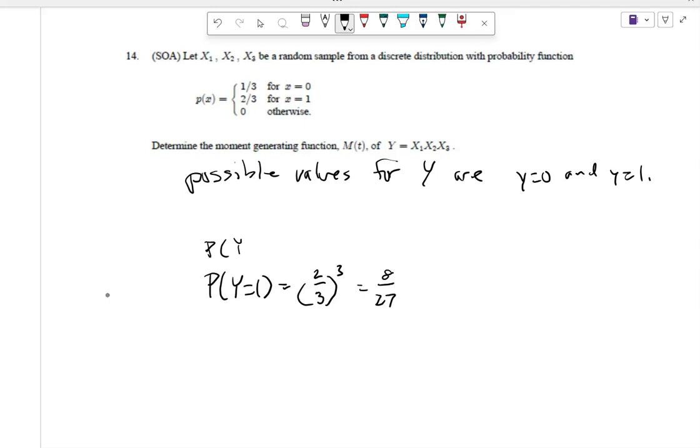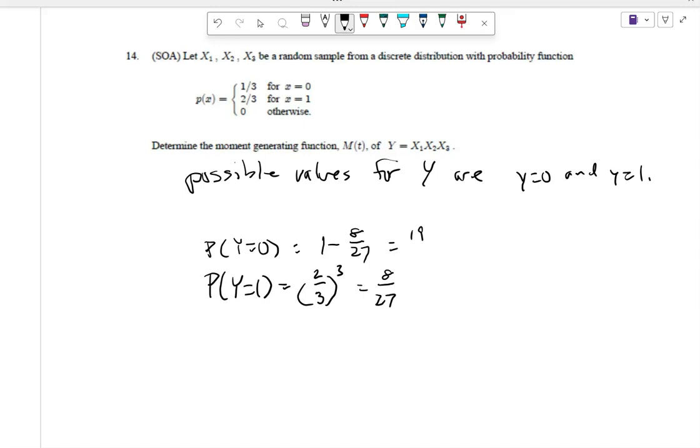So what's the probability that y is equal to 0? Oh, that's the hard way to do it. It's just going to be 1 minus that. It's the rest of the cases, right? You just told me it has to be 0 or 1, so I can just do the complement.